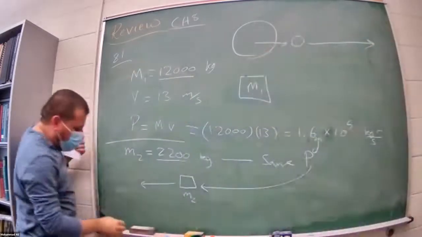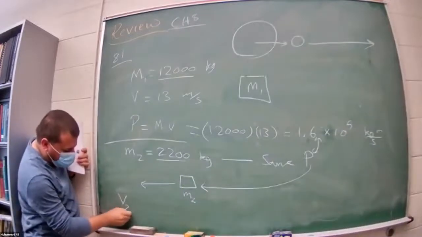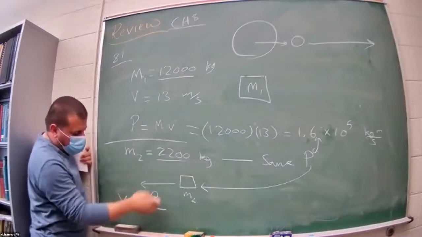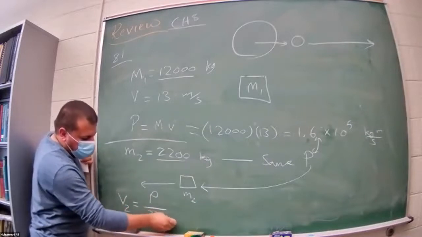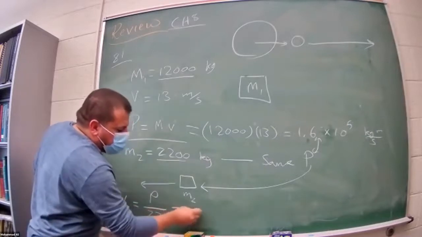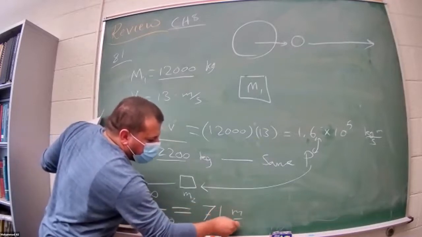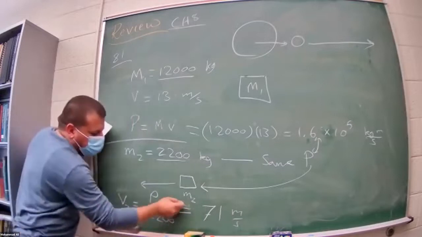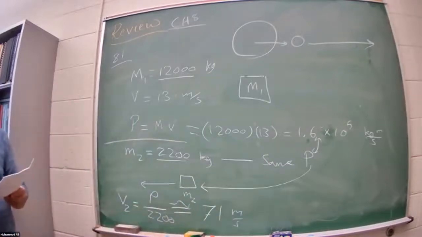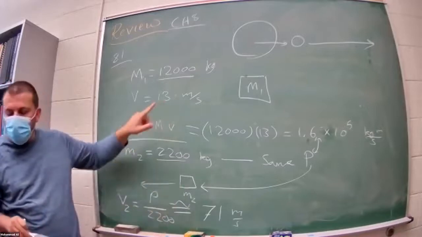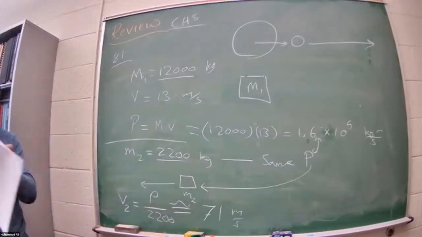Now we can find the velocity. V2 is equal to P, which is the same, over the mass, which is 2,000. This will give us approximately 71 meters per second. So its velocity is much higher than this one because of the difference of mass.